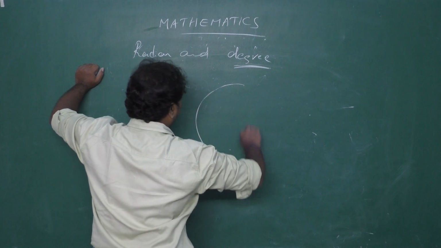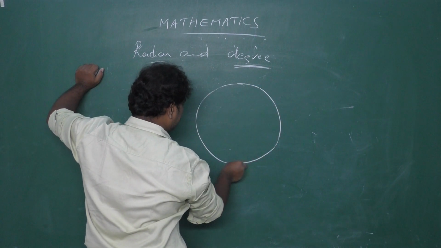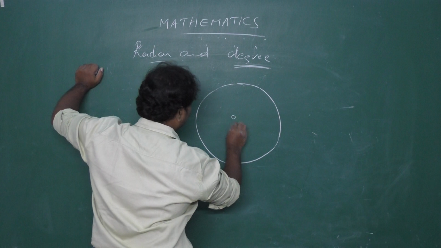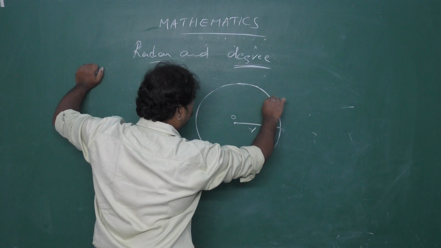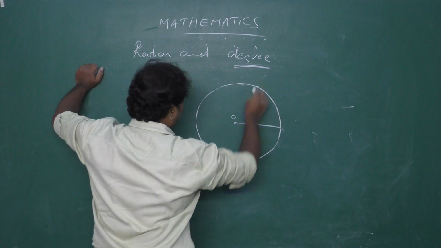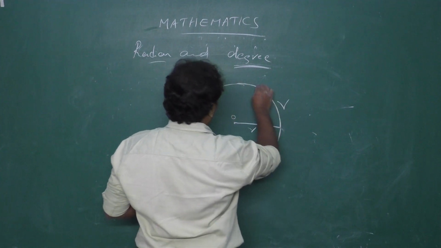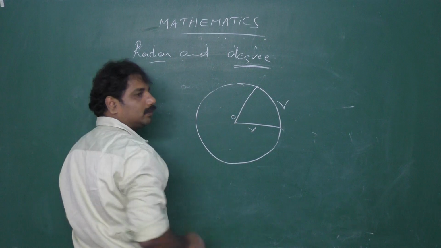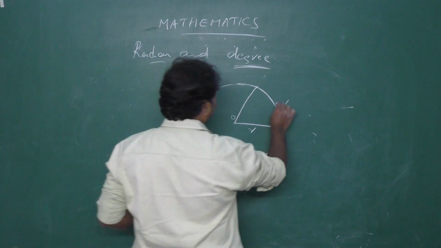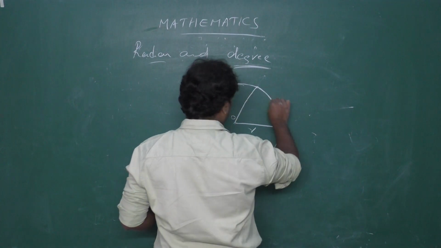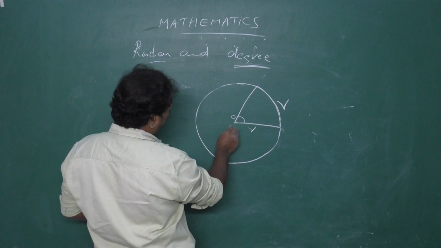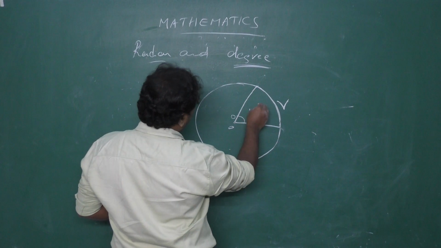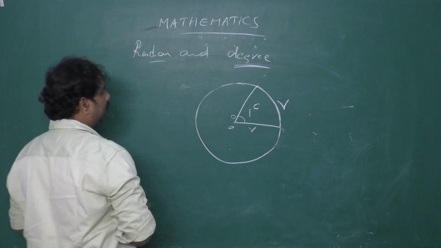Suppose you take a circle with center O and radius r, and they take an arc with length equal to the radius r. This arc subtends an angle at the center of the circle, which they define as 1 radian.